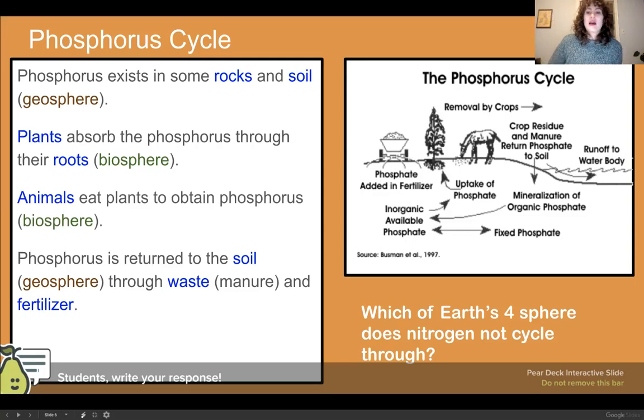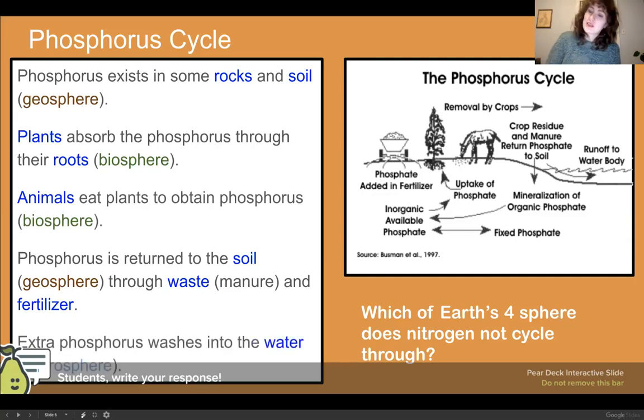And so it can be recycled back to the geosphere where it came from through manure or, in some cases, fertilizer, like gardeners or farmers would do.